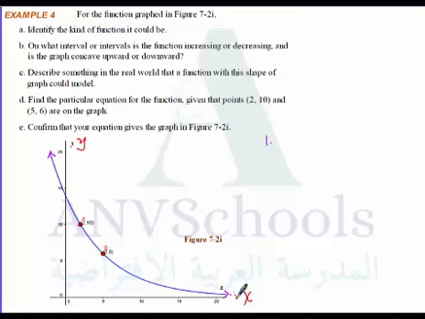Okay, so this could be a quadratic function. At the same time, it could also be an exponential function because it does not touch the x-axis. So our assumption here would be that we are going to take the exponential function. Why exponential function? Because it does not touch the x-axis.